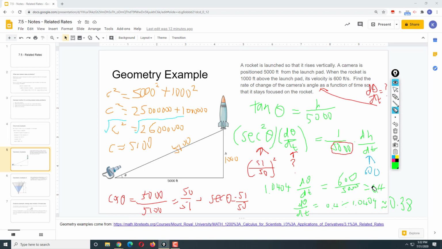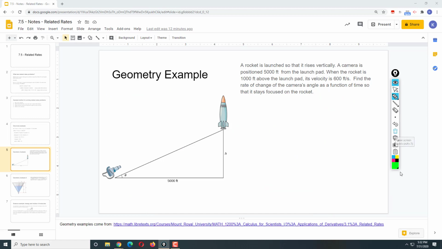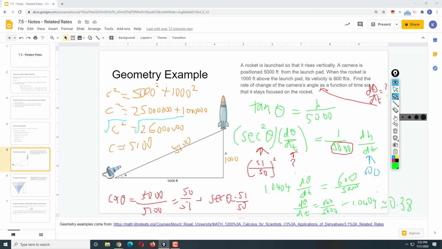So our final answer should be about 600 over 5,000 divided by 1.04 or so, which gives us roughly 0.12, about 0.1. So d theta over dt is about 0.1.